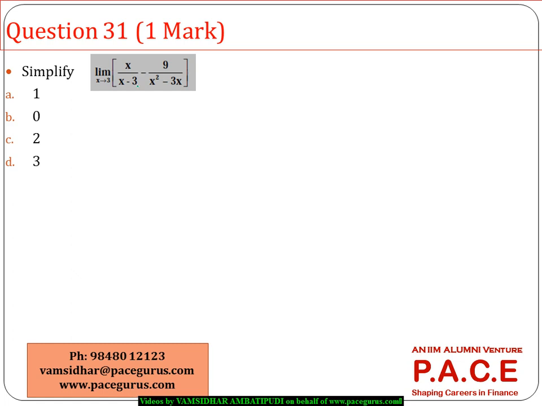Limit x tends to 3, of x by x minus 3 minus 9 by x squared minus 3x. For these kinds of things, it's always better to go with a typical LCM model, because x squared minus 3x is nothing but x into x minus 3.